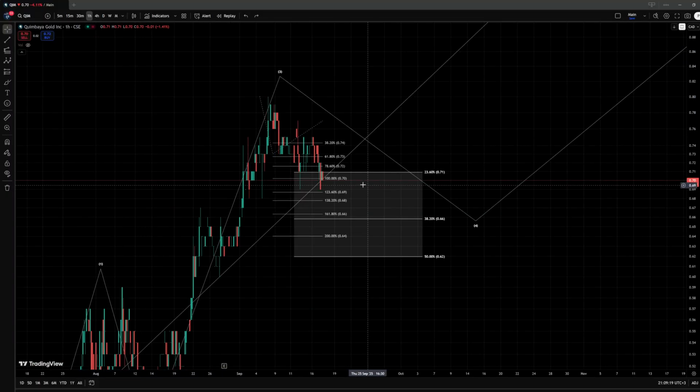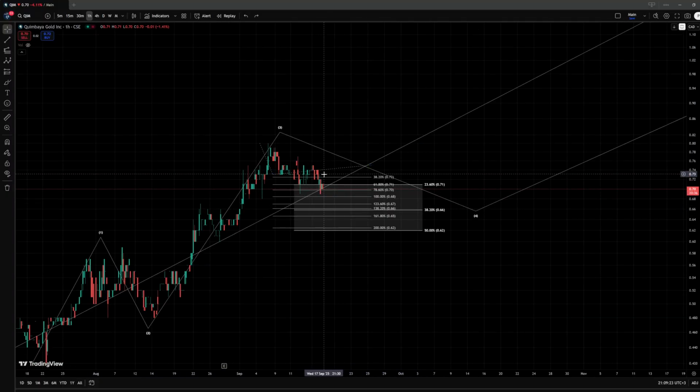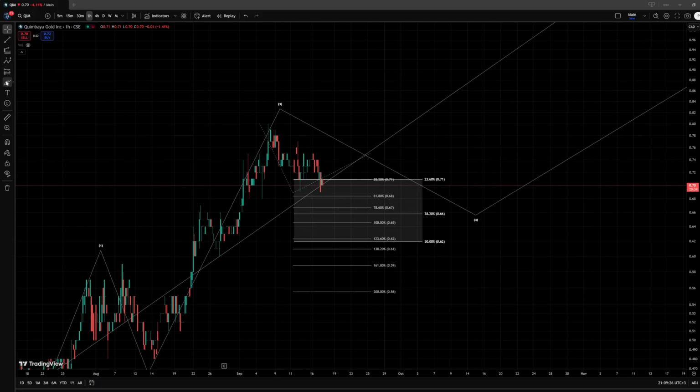I would be looking for continuation to the downside probably for now, but as I was saying earlier, the 38.2% retracement and the 100% extension would be my go-to targets for now, but it is a very fragile time frame, so I won't look too much into it.